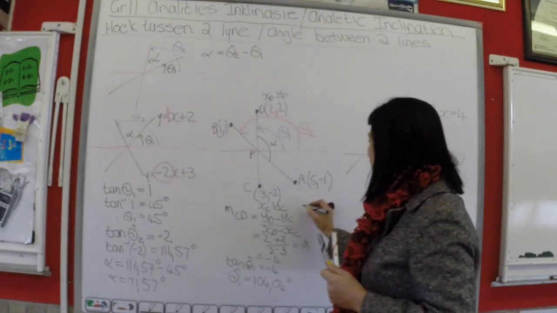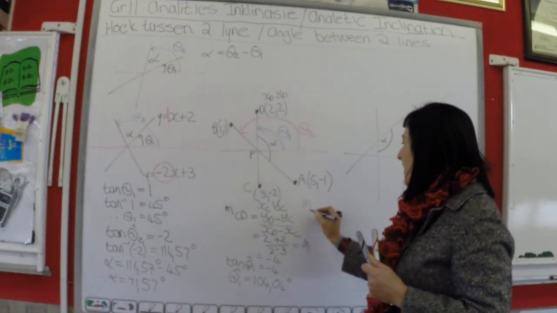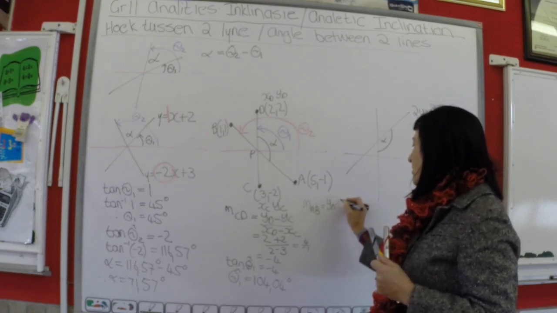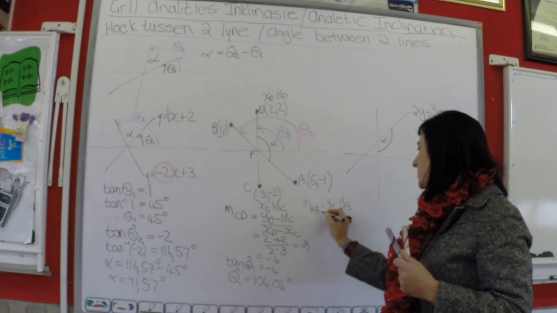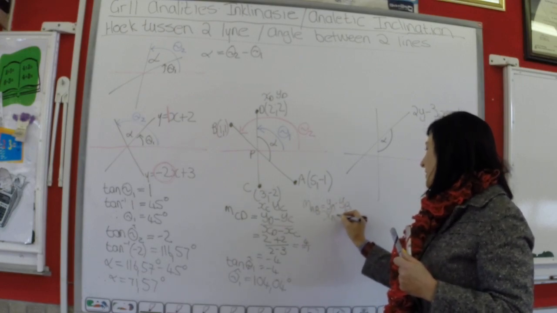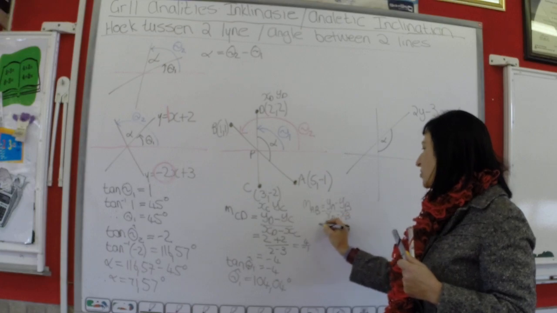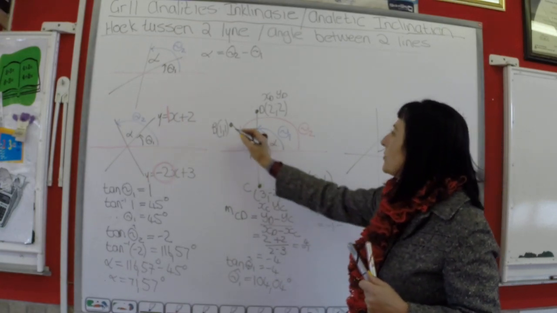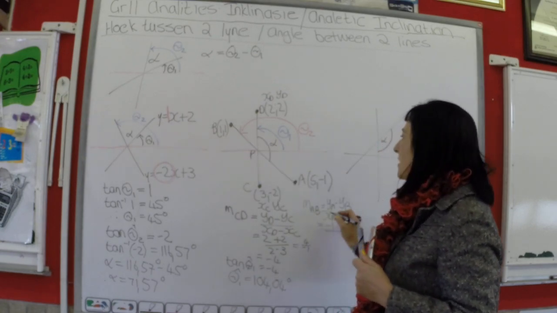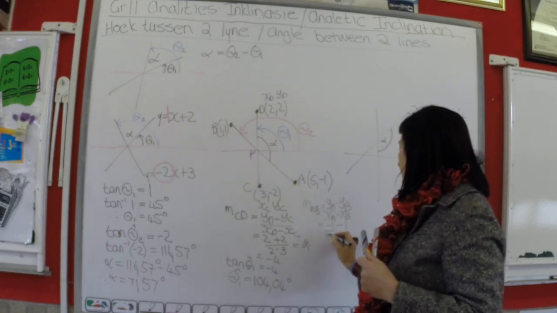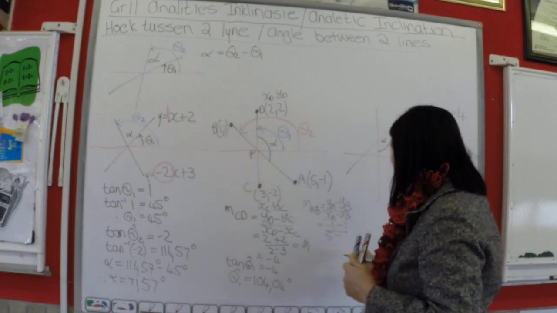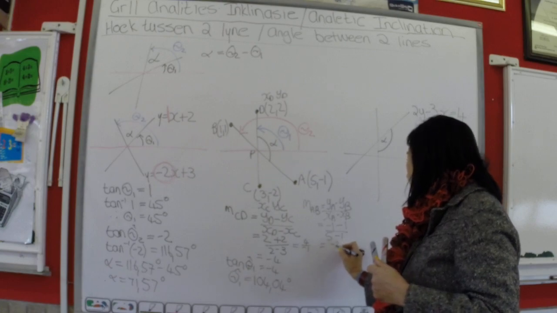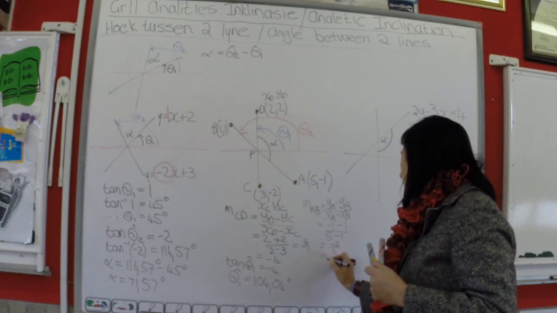So again, we're going to get the gradient now of AB. So we've got y A minus y B on x A minus x B. Substitution, y A minus y B, x A minus x B. Okay, that gives us minus 2 op 4 is gelyk aan minus 1/2.